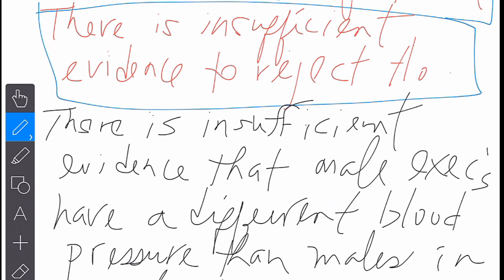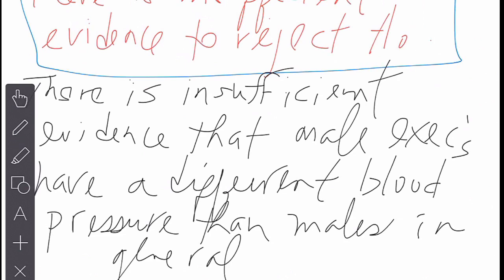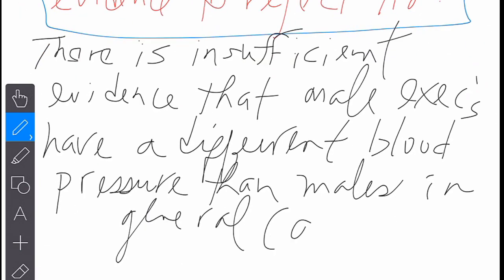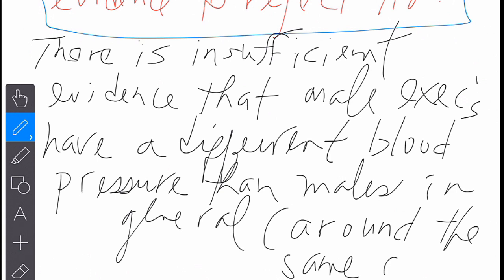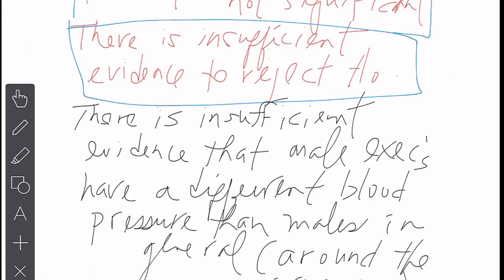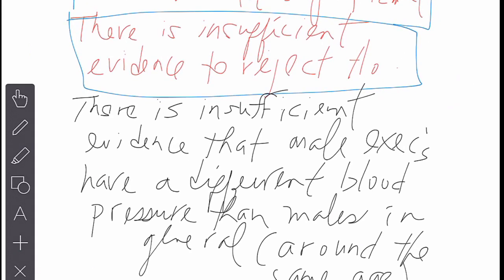And I didn't say anything about the age, but around the same age. I'm going to put that in brackets. Now you can see this nicely typed out in the notes, but there it is in a messy presentation. There is insufficient evidence that male execs have a different blood pressure than males in the general population around the same age.